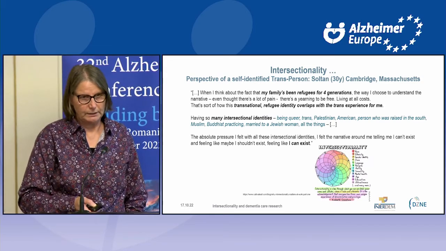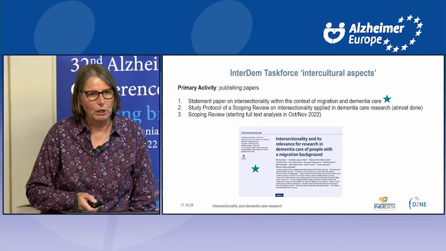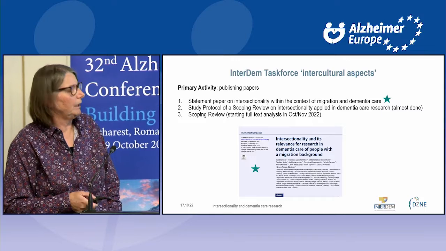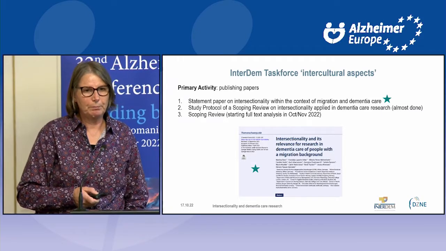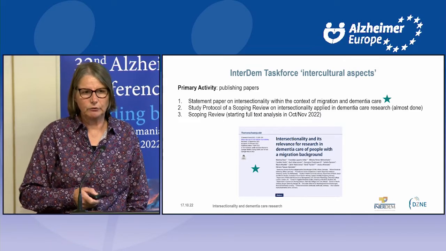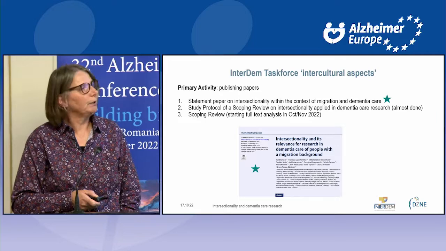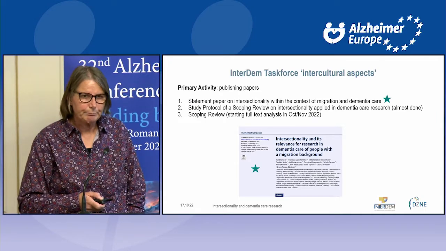So the task force at the moment is in preparation of the scoping review. We have already published a paper on intersectionality linked to migration, people with migration background, and we identified lots of gaps.